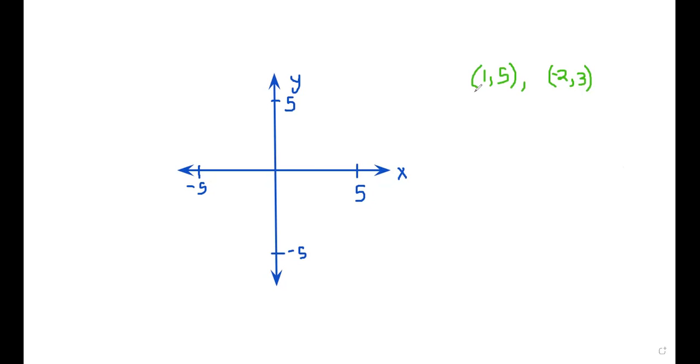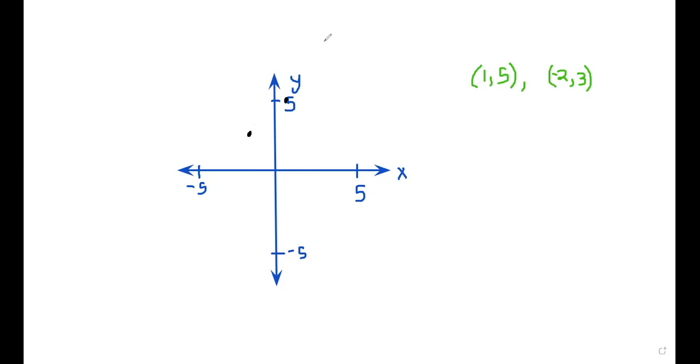Okay, so the first point is 1, 5. Remember, X comes first, and 1 is about here, and 5 is up here. So we'll put it about right there, close to that 5. Now, -2 is over here. Remember, X comes first, and then 3 is about there.